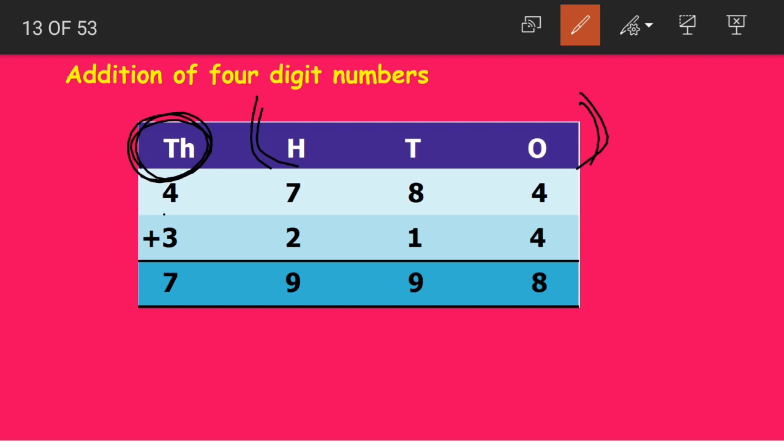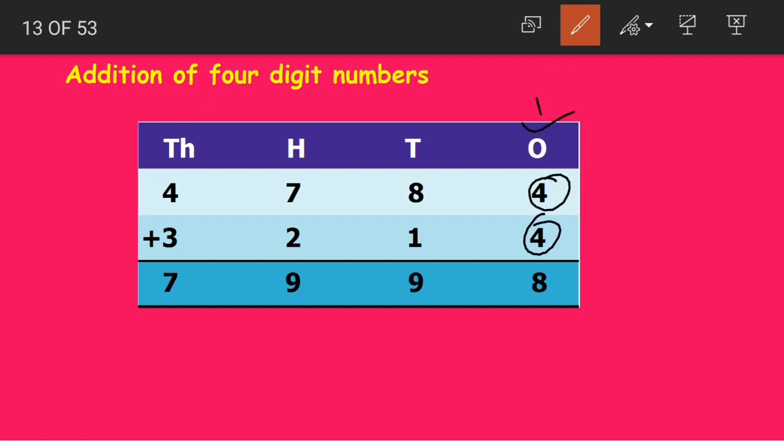So the two numbers we have here are 4784 plus 3214. Now the addition of 4-digit numbers and 3-digit numbers is the same, children. Just the digits are increasing, but the rules we follow are the same. Okay, let us start from the ones place.